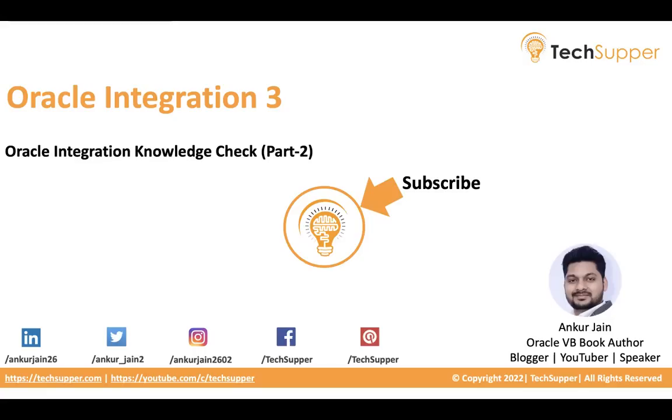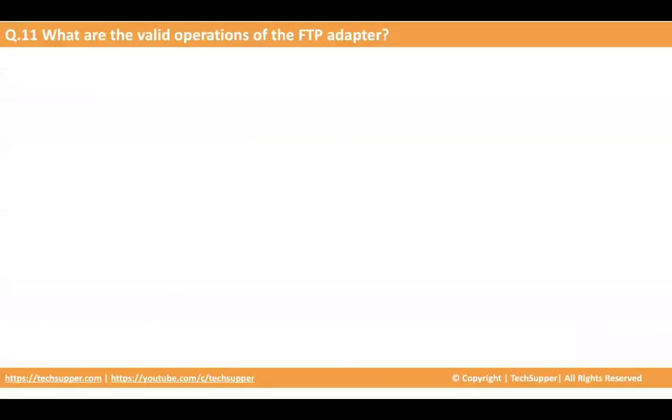Now, let's begin. The next question that I'm going to ask, the 11th question: what are the valid operations of the FTP adapter? FTP adapter is one of the most important adapters in Oracle Integration, which allows us to process the files from external and private FTPs.